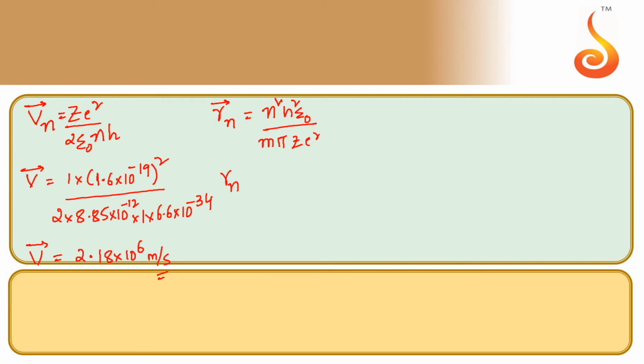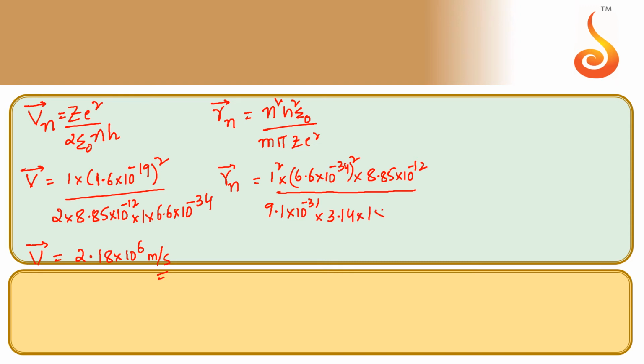So radius in nth state, of course we are talking about ground state, n is 1, so 1 square into h value is 6.6 into 10 power minus 34 whole square. Epsilon naught is 8.85 into 10 power minus 12 by mass of electron 9.1 into 10 power minus 31, pi is 3.14 and z is 1 and e is 1.6 into 10 power minus 19 whole square.